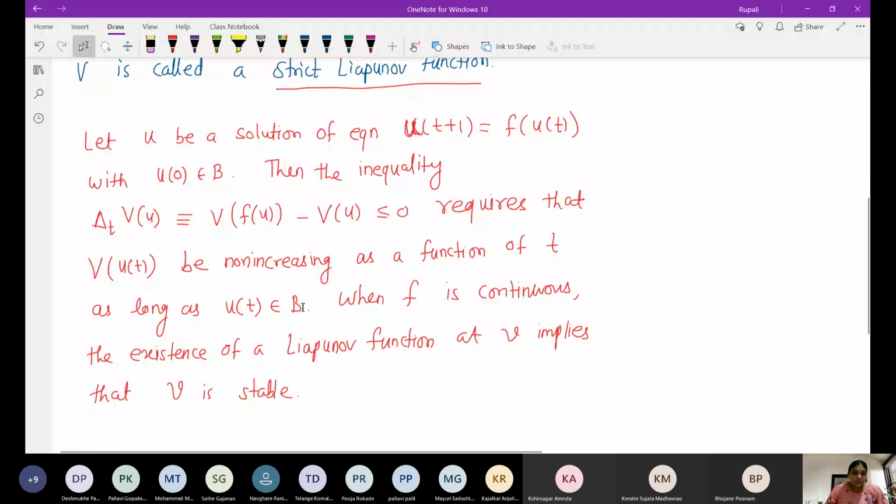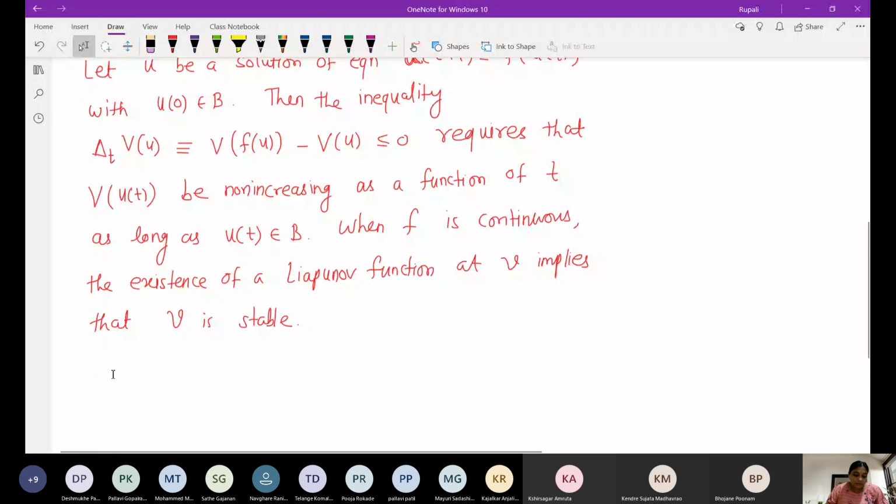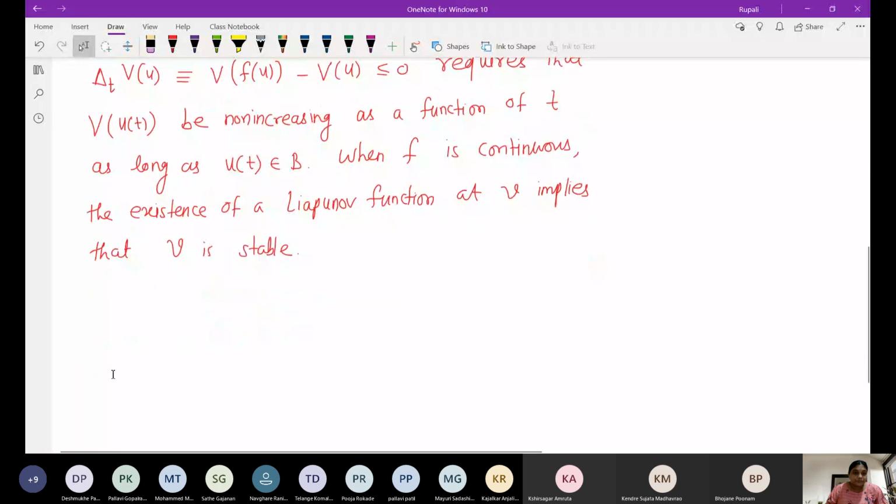So whenever we need to check whether fixed point V is stable, if we can find some Liapunov function at V, then we can say that it is stable, otherwise it will be unstable.